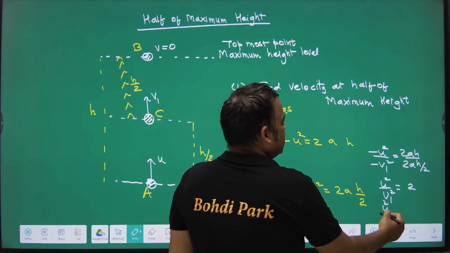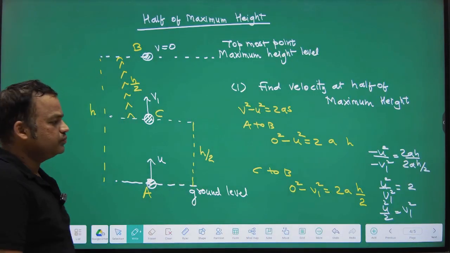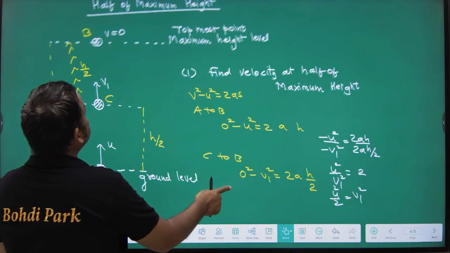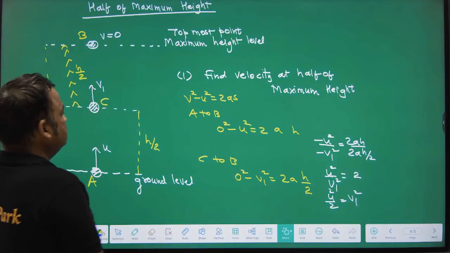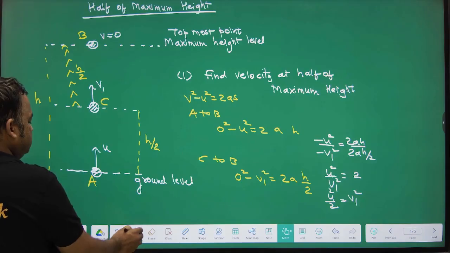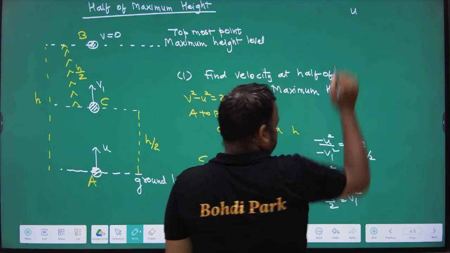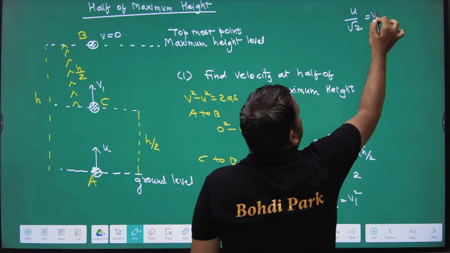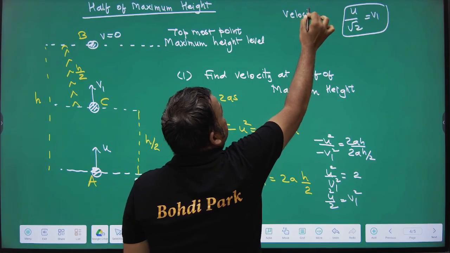So u square by 2 is equal to v1 square. Take square root on both sides. So u by root 2 is equal to v1. So this is the velocity at half the maximum height.